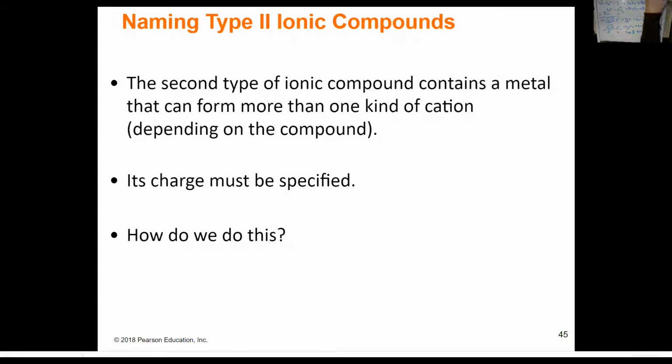Okay, how do we name type 2 metals? And the only real difference between naming a type 1 metal and a type 2 metal is that we're going to use a set of parentheses between our cation name and our anion name, and we're going to indicate the charge of the metal in those parentheses. Okay?